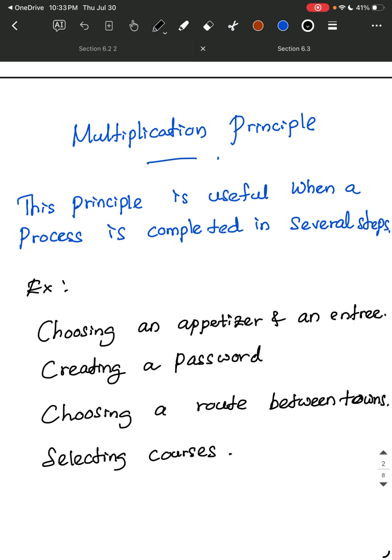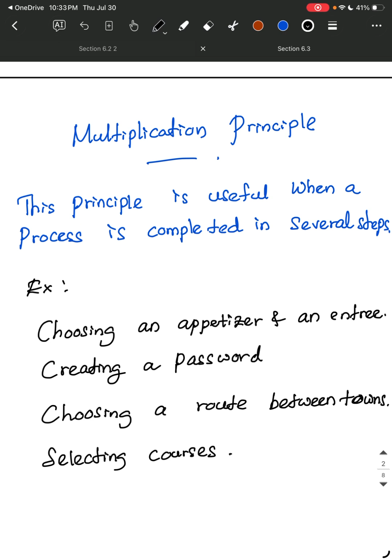By the end of today's lecture, you should be able to recognize when the multiplication principle applies, use the multiplication principle for 2-step processes, use the generalized multiplication principle for several steps, verify answers using list or tree diagrams, and solve counting problems involving menus, passwords, license plates, schedules, and experiments.